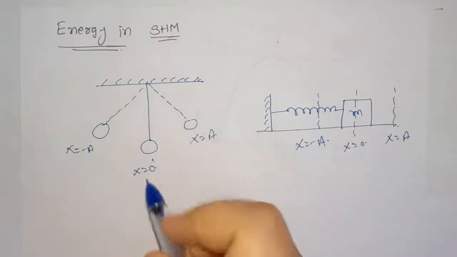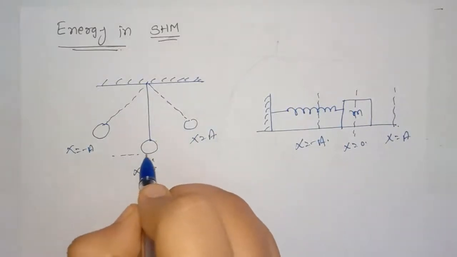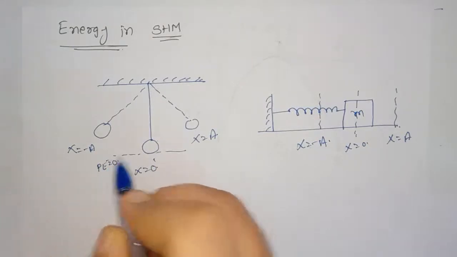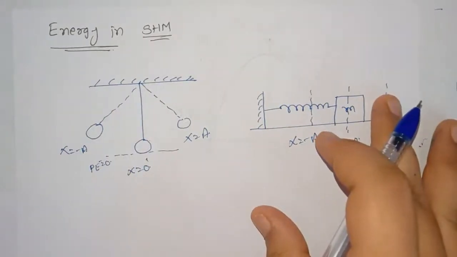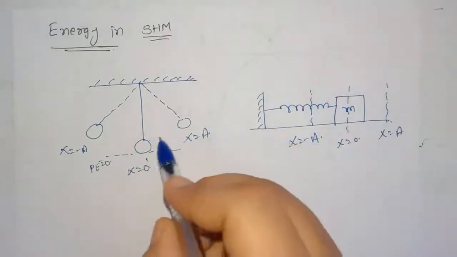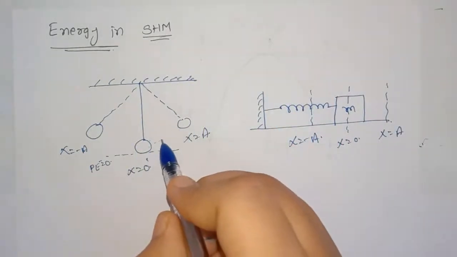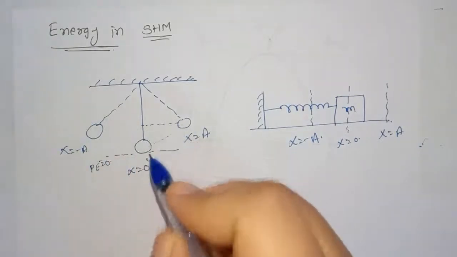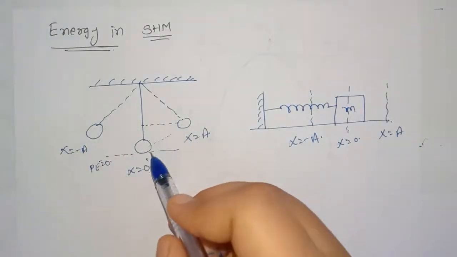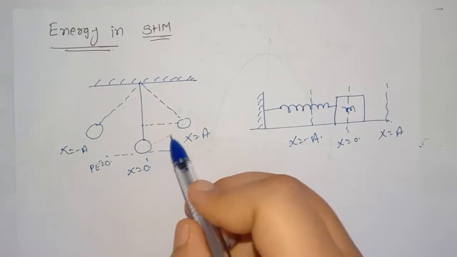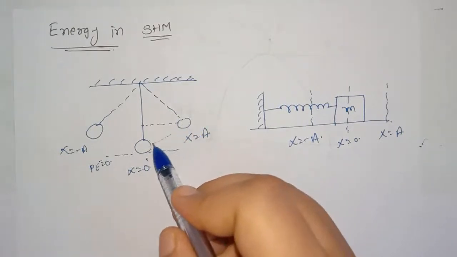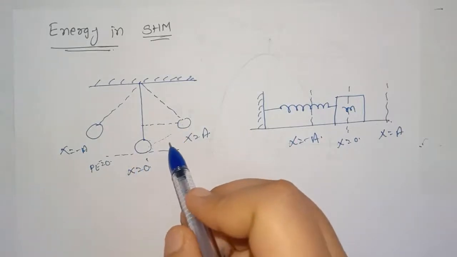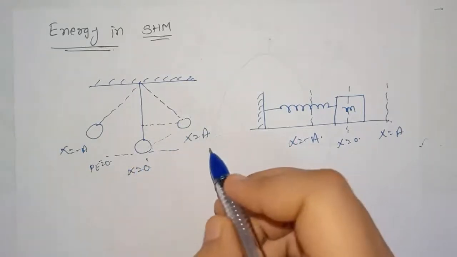Now, as a reference, we are taking the potential energy at this point to be 0. So, this pendulum will rise some height compared to the mean position. So, as pendulum bob starts moving towards the extreme position, its height will increase compared to the reference level. So, its potential energy will increase.